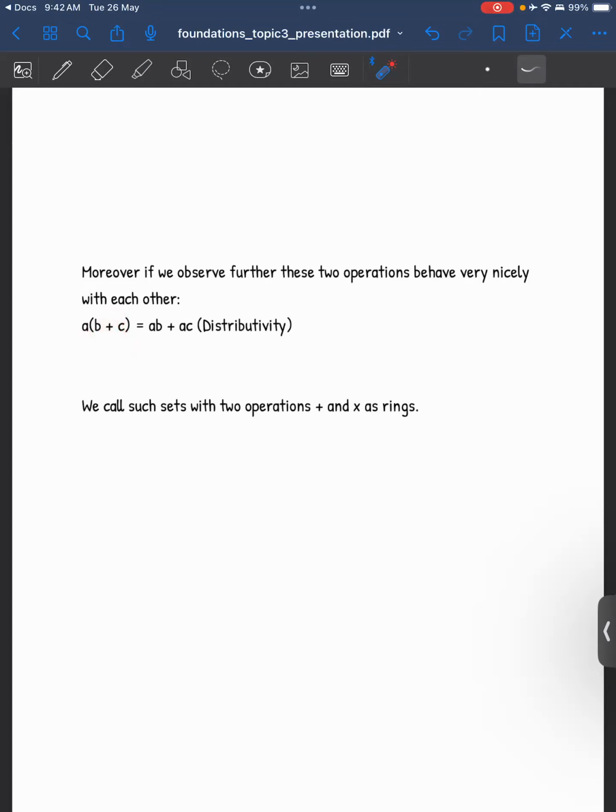So we say that multiplication distributes over addition. And in particular, this means that these two operations are compatible with each other.